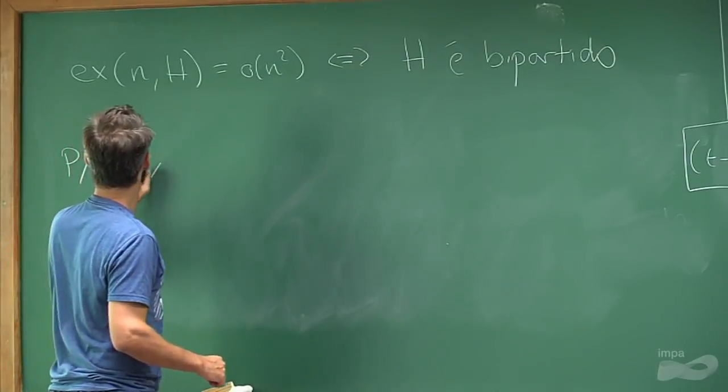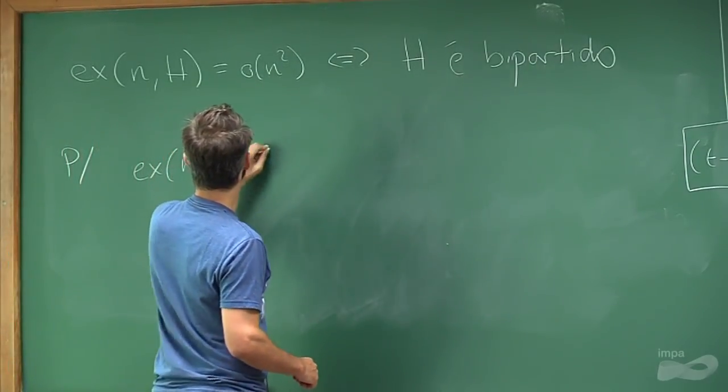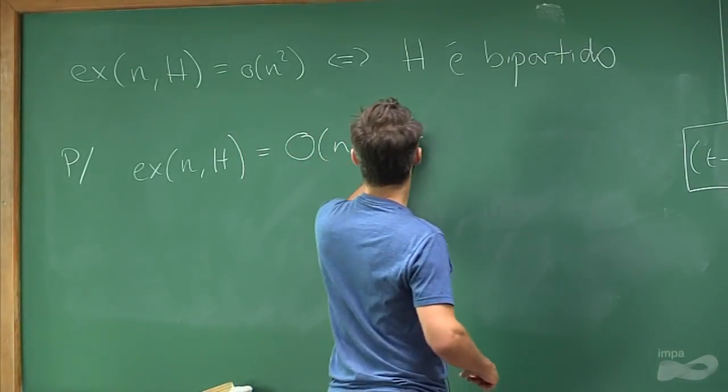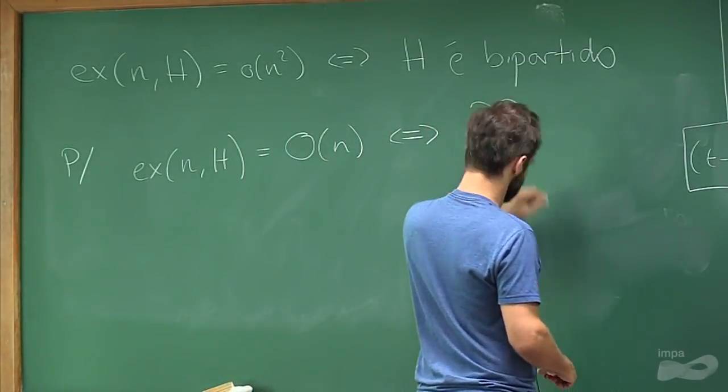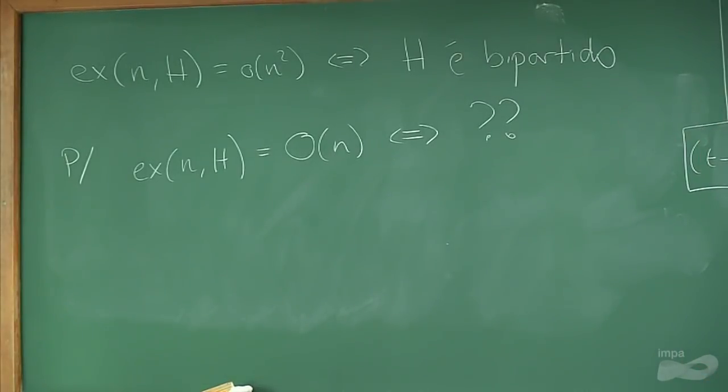So question: when is the extremal number linear? Big O of n means at most a constant times n. There are some graphs whose extremal number grows linearly with n, and some grow superlinearly. Can you guess, or maybe even prove, which are which?